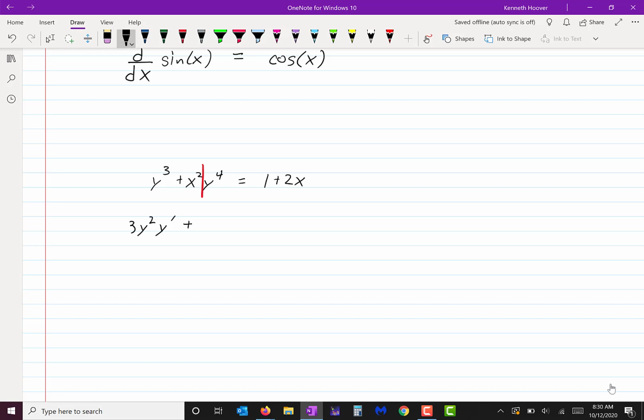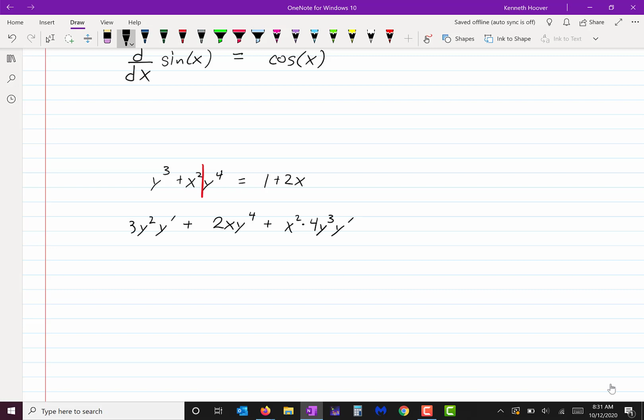So we will do the derivative of the first, which would be 2x, times the second, which is y to the fourth, plus the first, x squared, times the derivative of the second, and what would that be? 4y cubed times y prime.